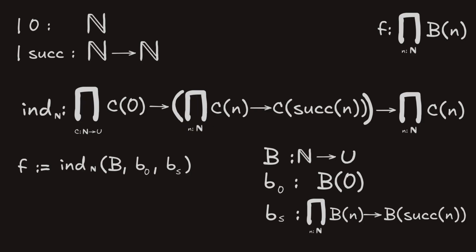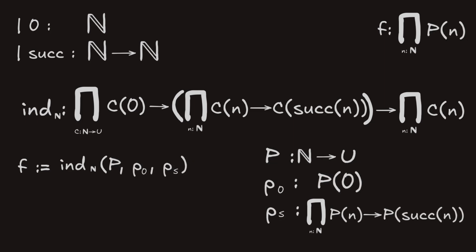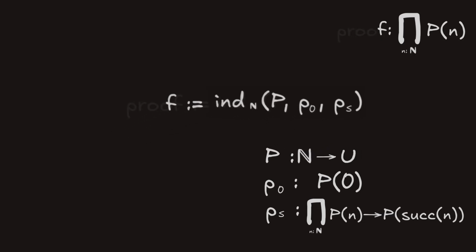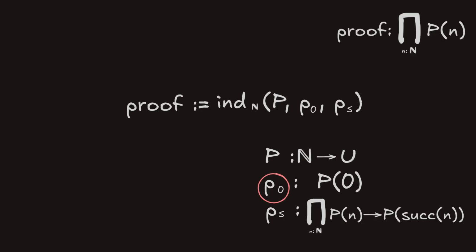We can apply inductors to propositions. For example, to construct a proof that the proposition P is true for every natural number, we need only construct two terms. Firstly, we construct a term in P of 0.